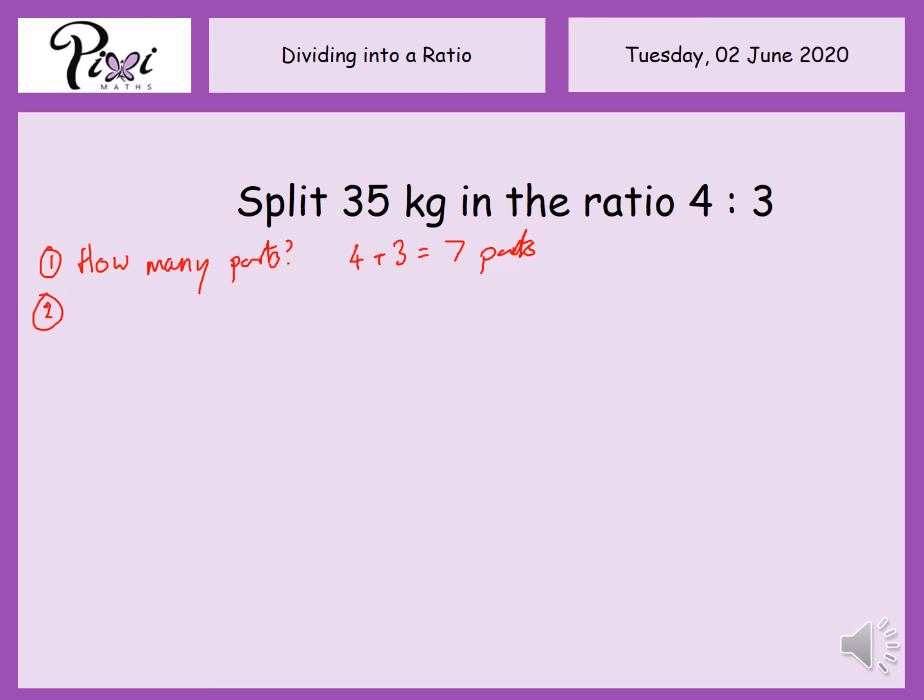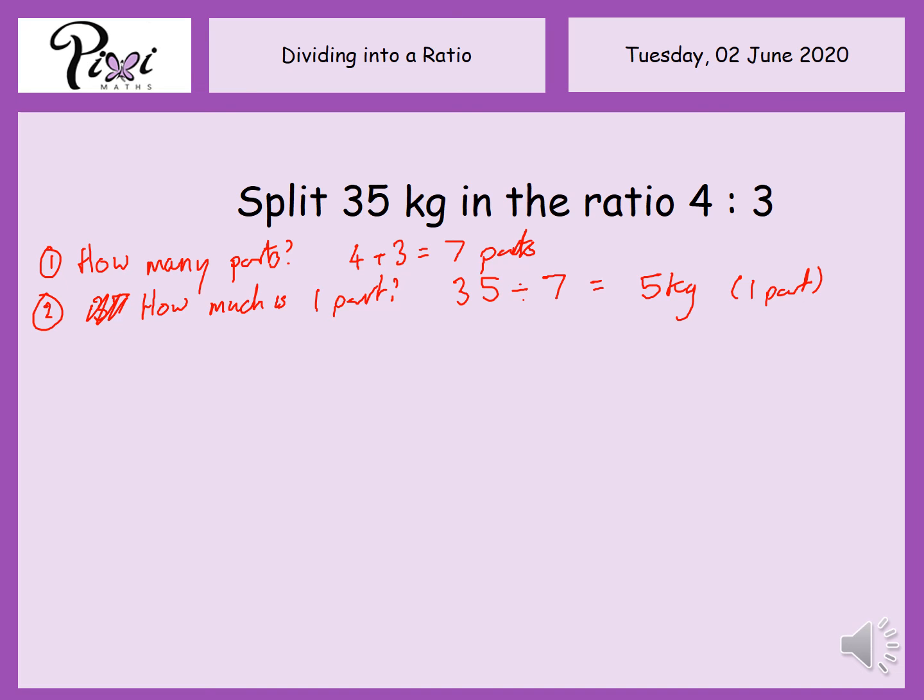Step 2 is to work out how much 1 part is worth. So how much is 1 part? So we're going to do 35 and we divide it, because we've got 7 parts, we're dividing it by 7. So that means 5 kilograms is 1 part.